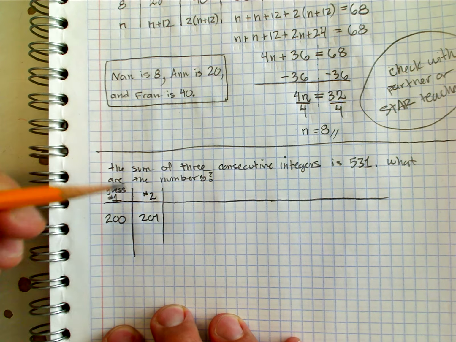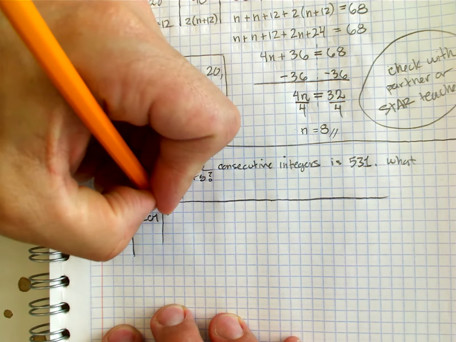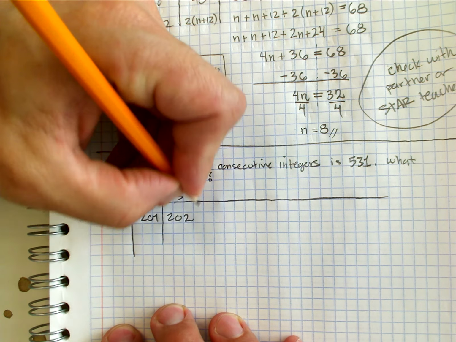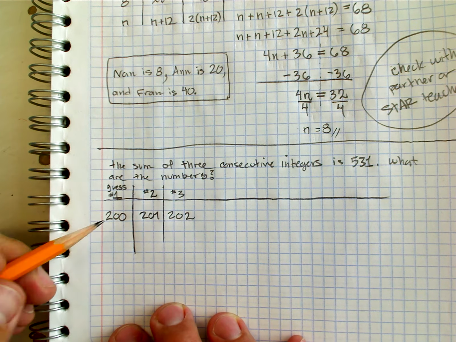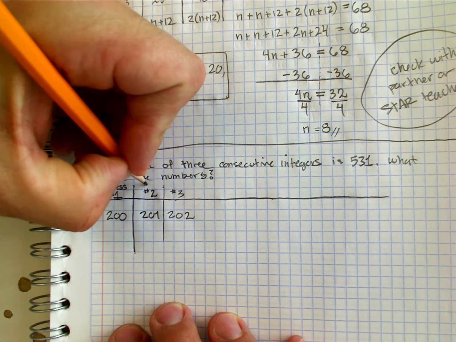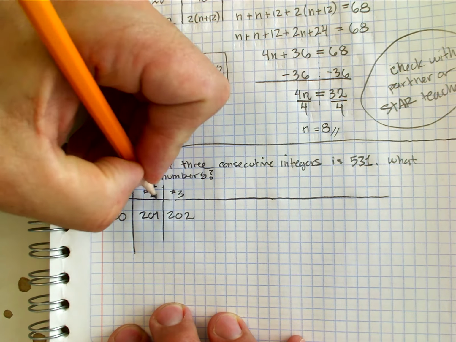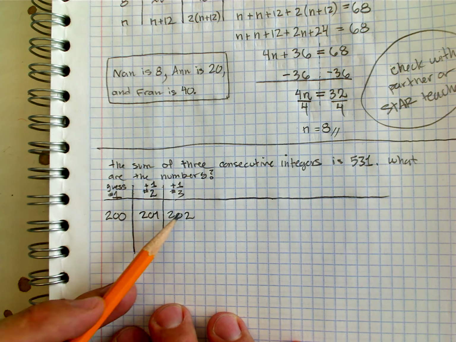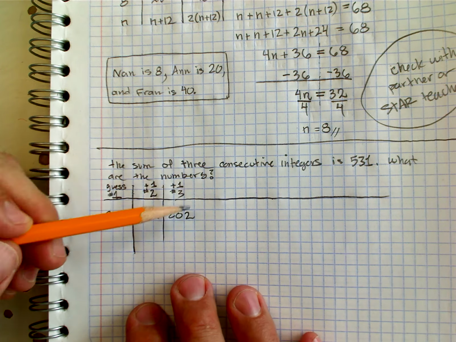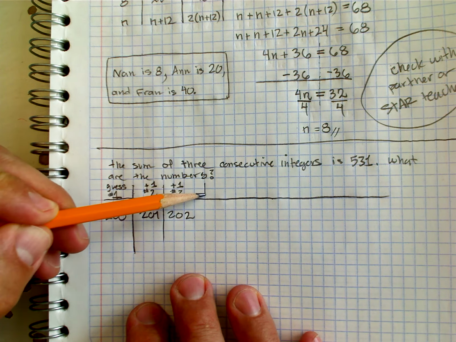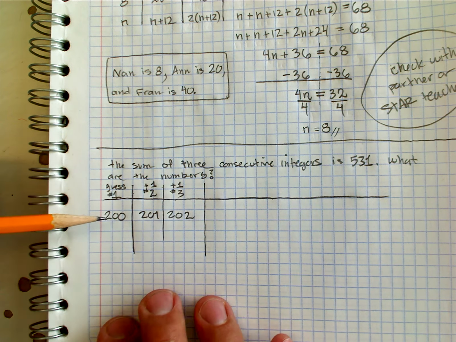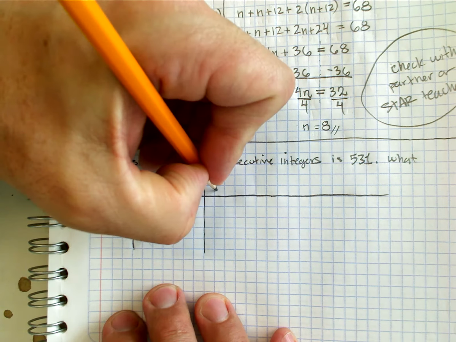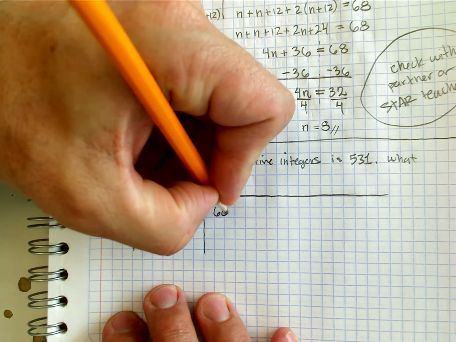And the one after that, number 3, has got to be 202. And what did I really do to 200 to get the next integer? I just added 1, and then to get the next one after that, I added 1 again. And so those are my 3 integers, and if I add them up, I get 603. So the sum is 603.